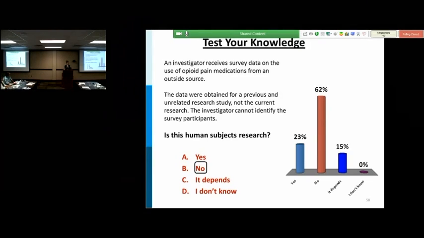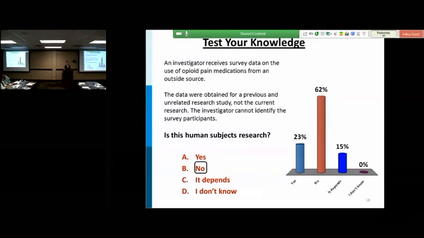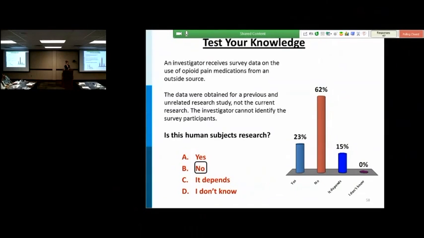The person who's doing this study has had no interaction with the individuals whose data they're using. But also, there's no privately identifiable information. So they've received the data that were collected for another study without any identifiers. So this actually would not be human subjects research under the definition because of those two criteria.